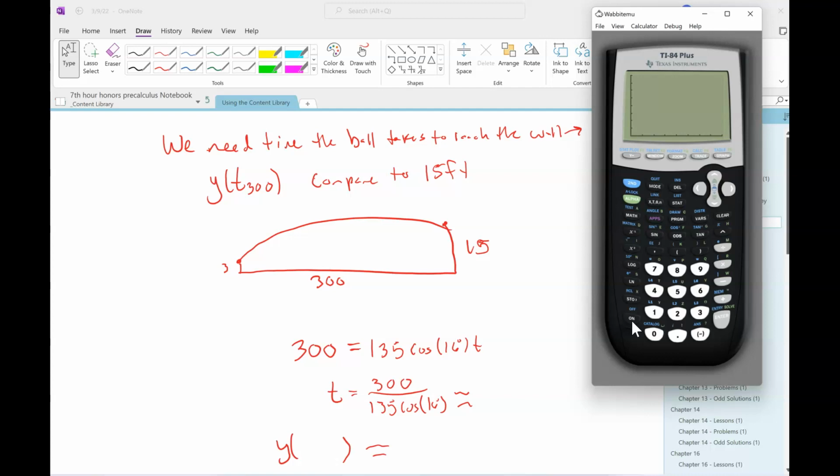Okay. Before I start plugging all that stuff in, though, I'm going to do a little bit of stuff on my calculator, just kind of set things up, because I like to have a picture to just confirm what's going on here.